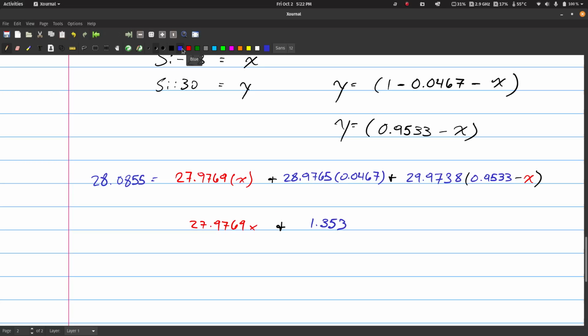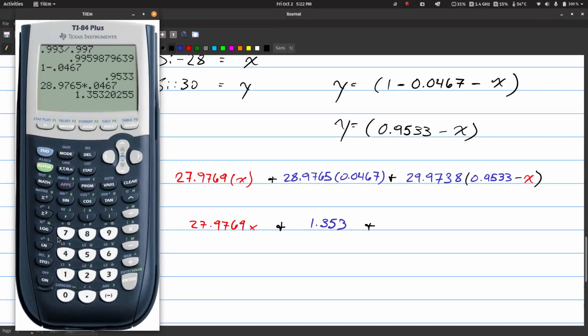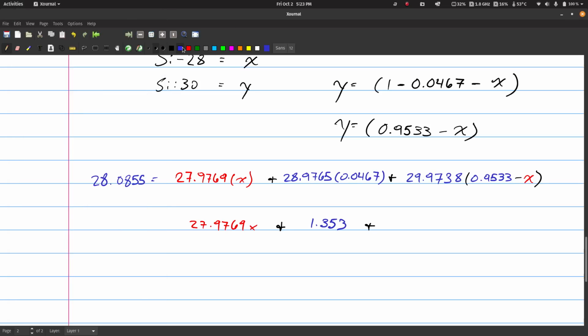And then this one is a little different because I didn't screw up this time. 0.978 times 0.953 is 28.9574. The only reason I'm coloring the minus is because I want you to know that you put that with the number for this one, just to make it easier.